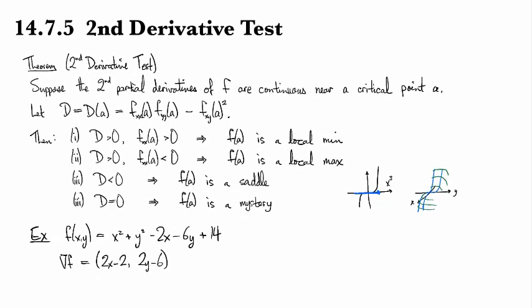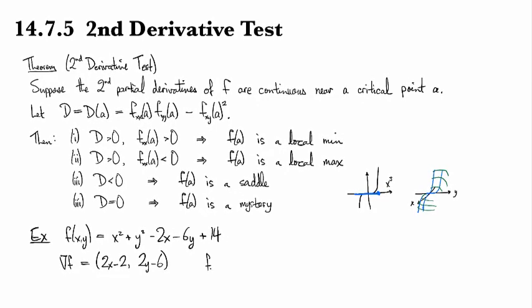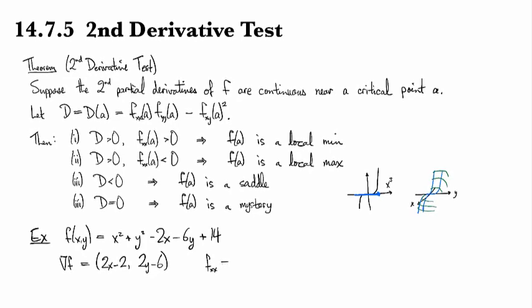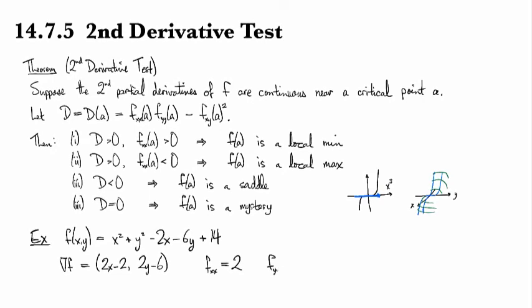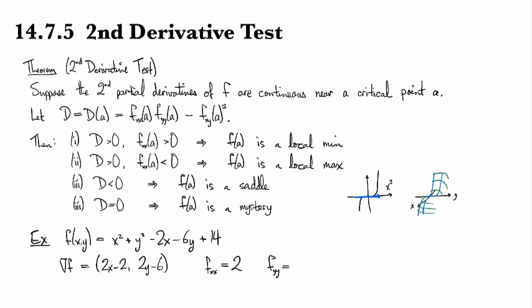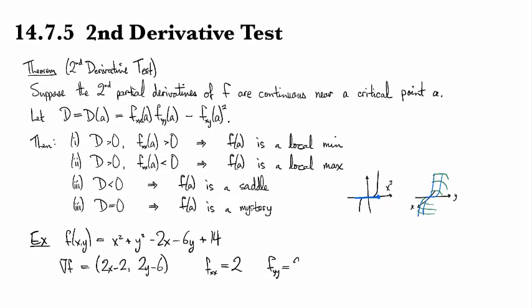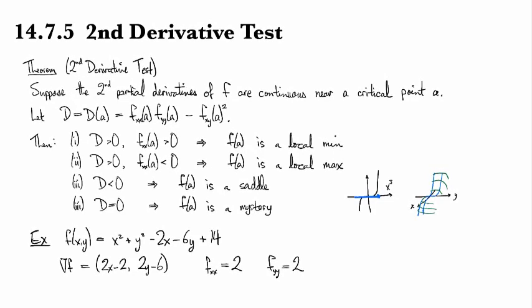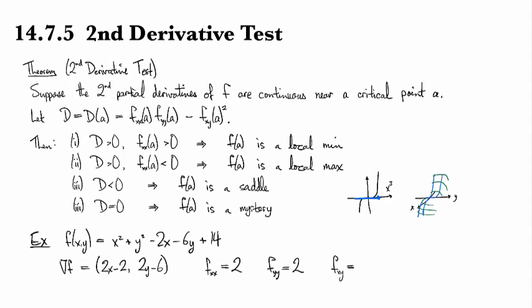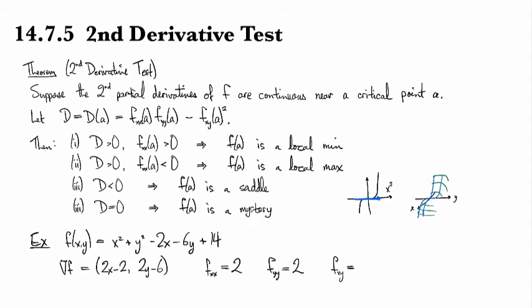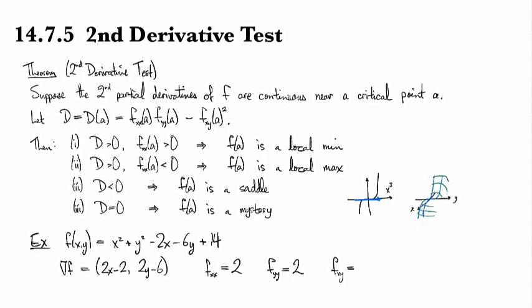If we want to find the second partials, we'll find fxx by differentiating the first one, and fyy by differentiating the second one with respect to y. To find the mixed partial, we can differentiate the first one with respect to y or the second one with respect to x.